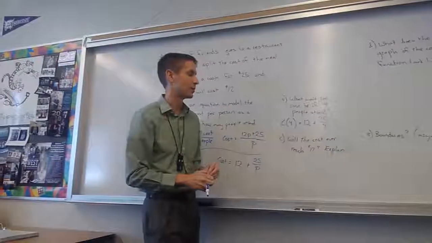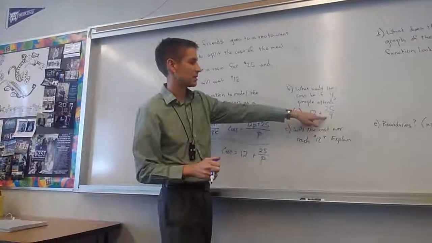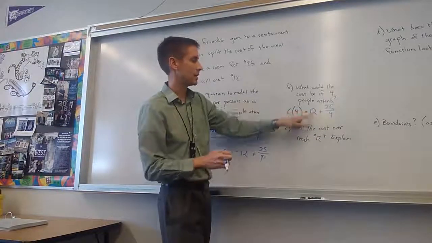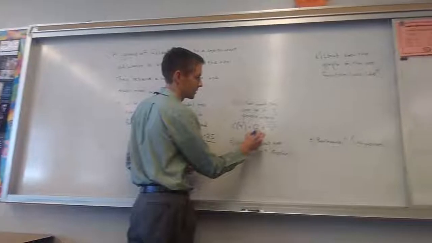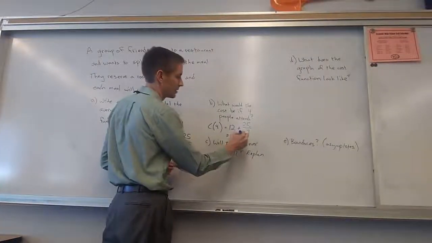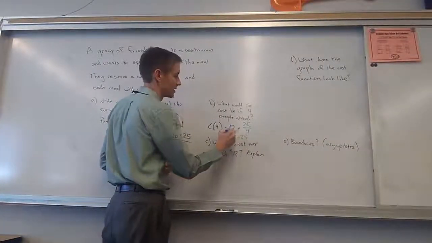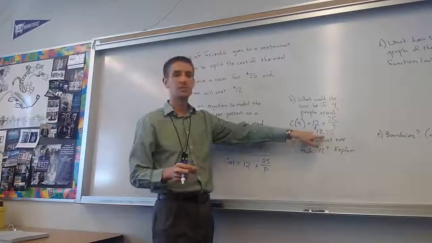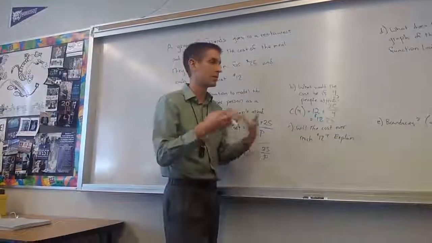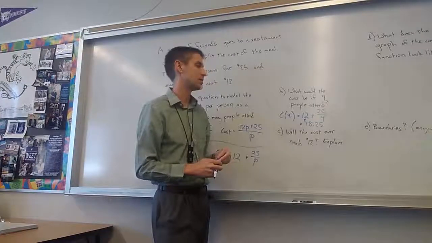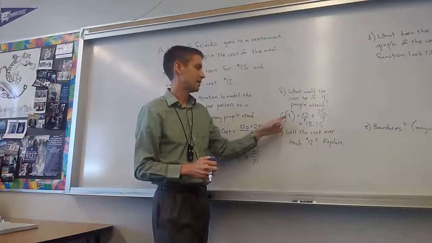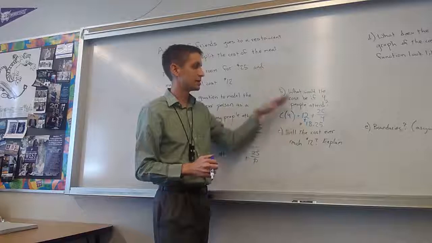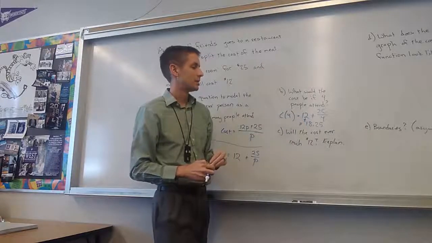So if I cut the $25 into 4, add that to 12, that's going to end up giving us $18.25. So if only 4 people attended, everyone would be paying $18.25 in order to cover the total cost of the room plus their meals. And if I increase that or decrease that, that's going to change how much those people are going to have to pay as they come.